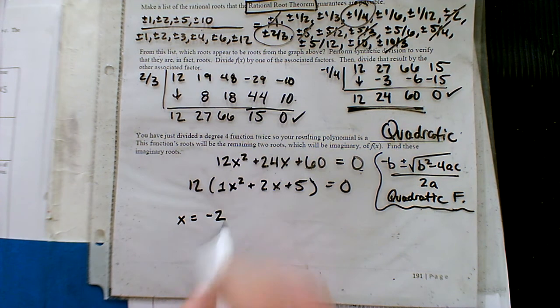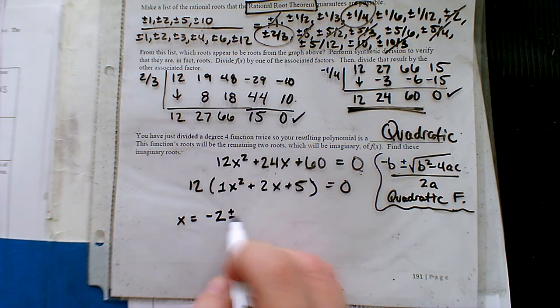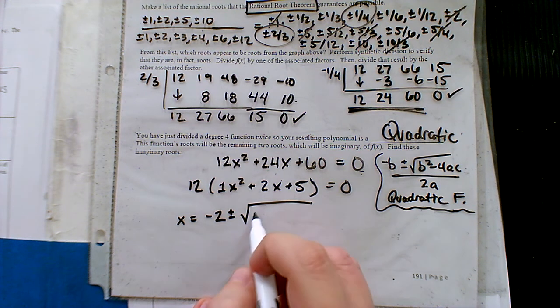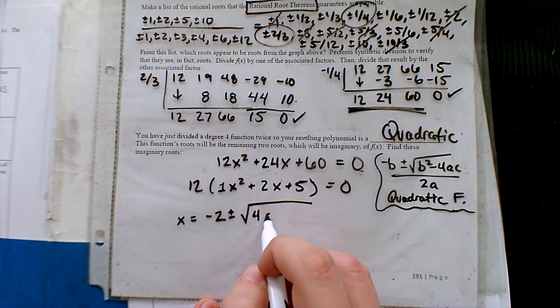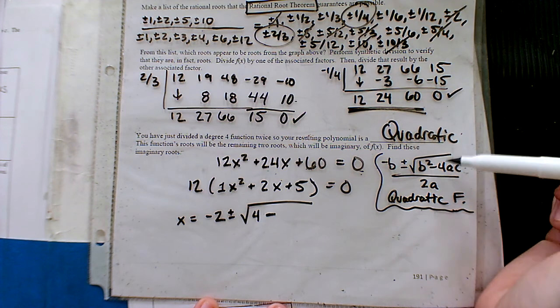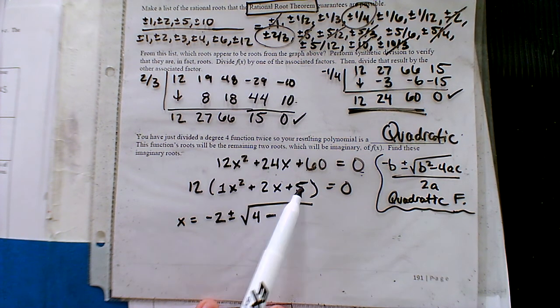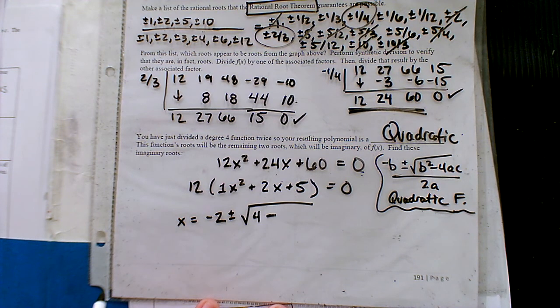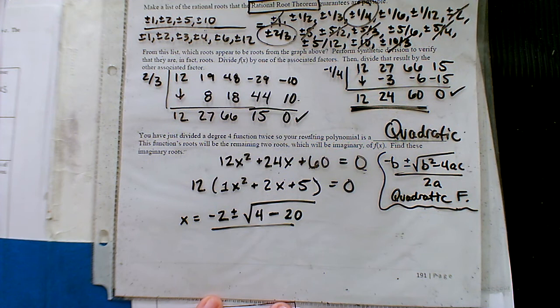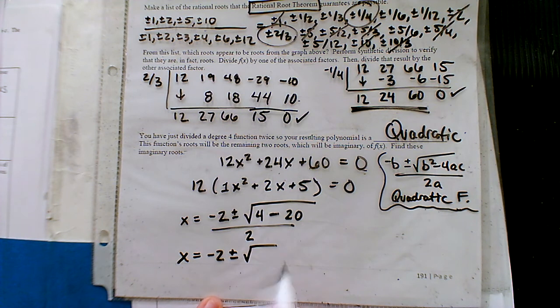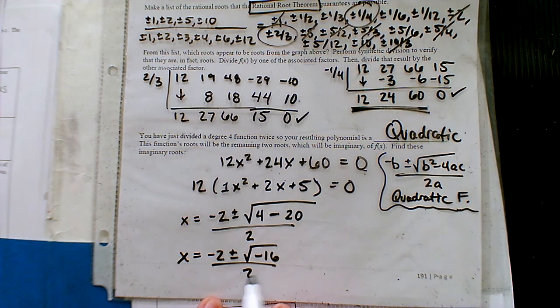So x equals, we have the opposite of b, so negative 2, plus or minus the square root of b squared, so 2 squared would be 4. Then we have to subtract 4 times a times c, so 4 times 1 times 5. That would be 20. All over 2a, so 2 times 1 would be 2. 4 minus 20, negative 16.